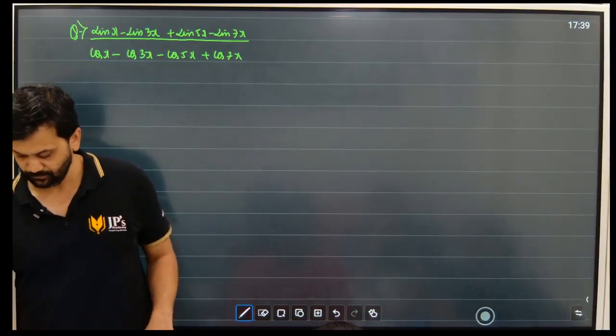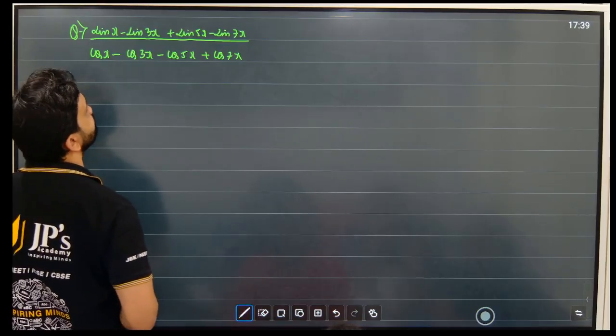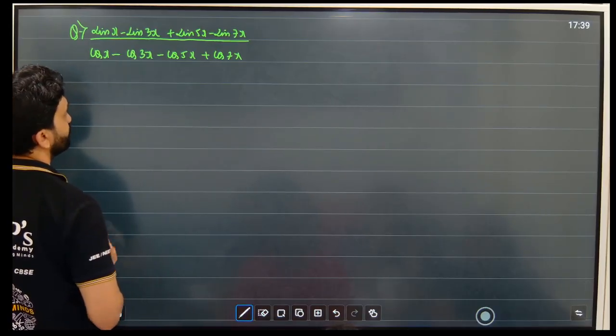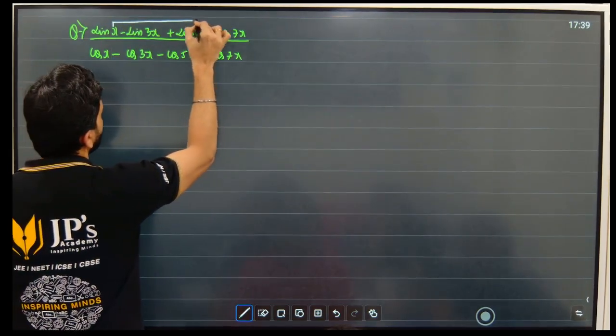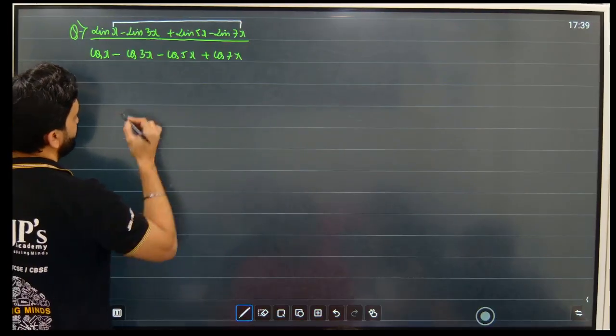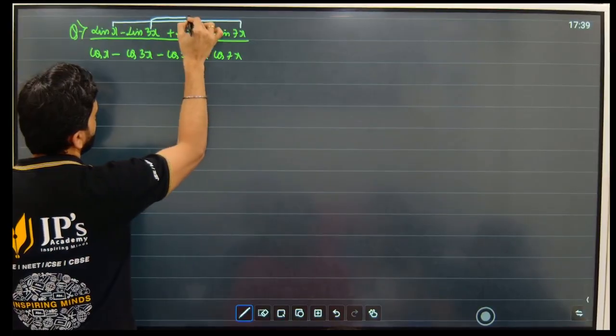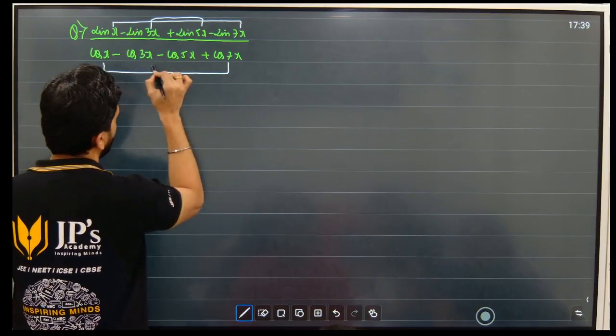How do we proceed with this sum? Can anyone tell me? Pair the x and 7x and 3x and 5x because both will give you 4. If you look at the angle, 7x and x will give you 8x, 3x and 5x will give you 8x. In the same way, this is the pairing that will happen here.